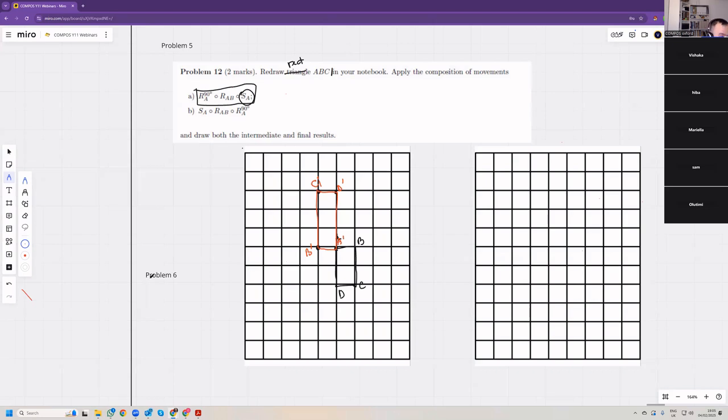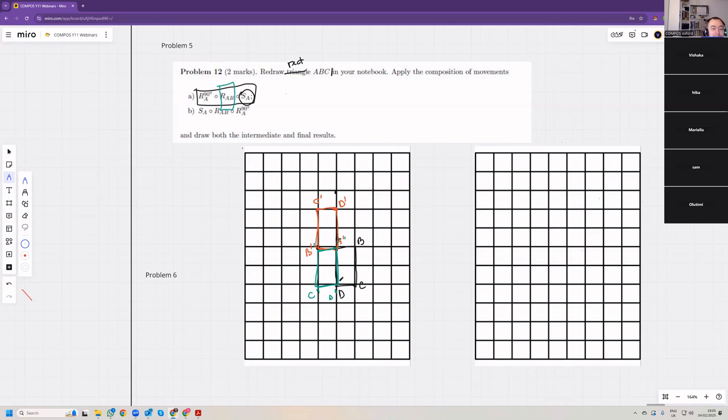Sorry, I'm very tired. So D dash, C dash. Now take a different color, and I'm going to draw the second transformation. It's a reflection in the line AB, so this is A double dash, B double dash, C double dash, D double dash.